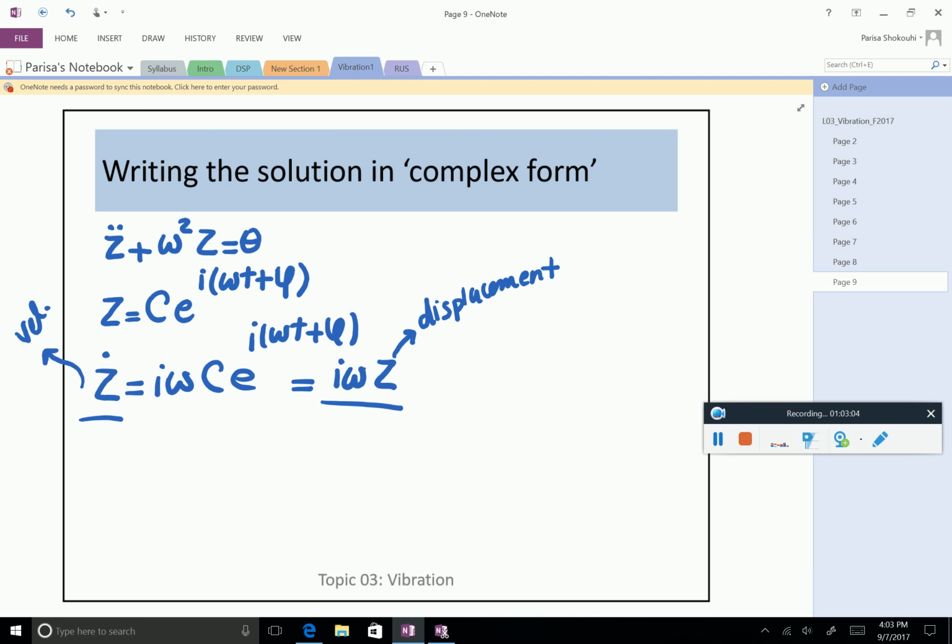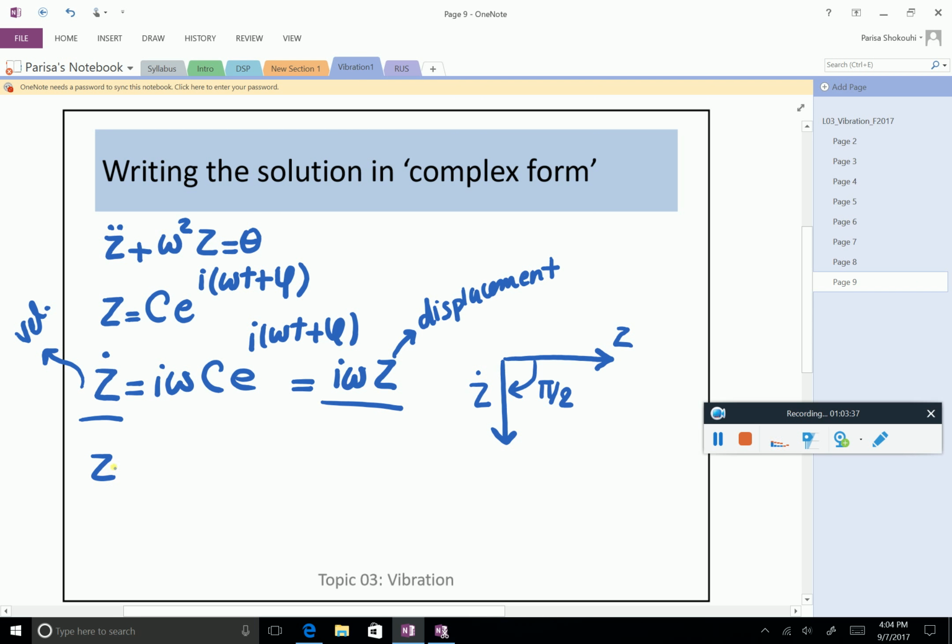Now again, if you think about vectors, it means that the velocity and displacement are pi over 2 out of phase. That's very useful to have as a concept.